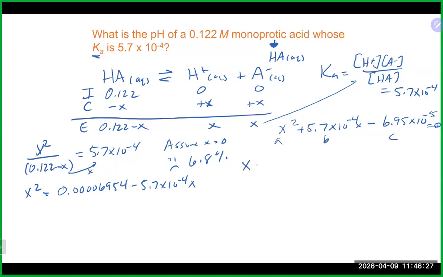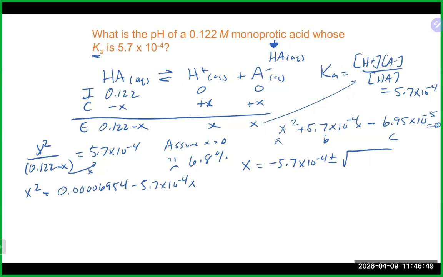And going into the quadratic formula, that will get us minus 5.7 times 10 to the minus 4, plus or minus the square root of, inside the square root, 5.7 times 10 to the minus 4 squared, minus 4 times A, which is 1, times C, which is negative 6.95 times 10 to the minus 5.